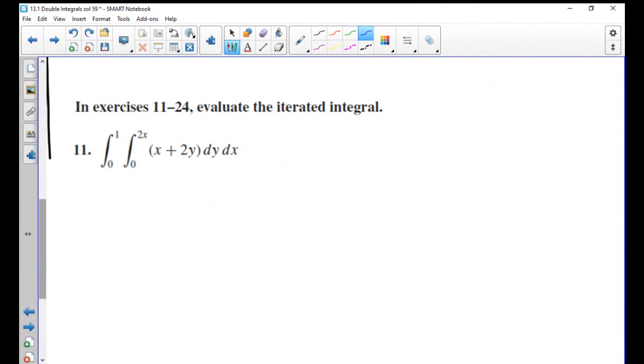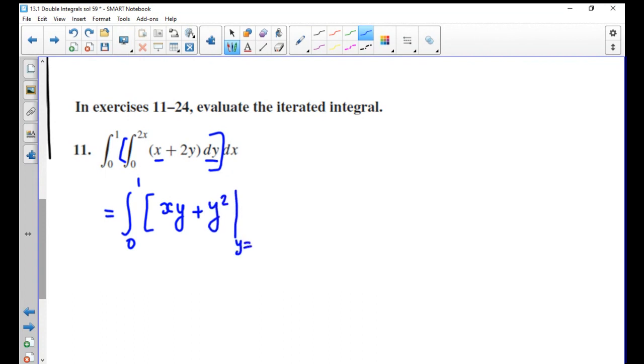This exercise is fairly simple. I want to integrate with respect to y first and then find the integral with respect to x. So let's do it. What is the integral of x with respect to y? xy. Good. And then the integral of 2y with respect to y is y squared, from y equal to 0 to y equal to 2x, dx.